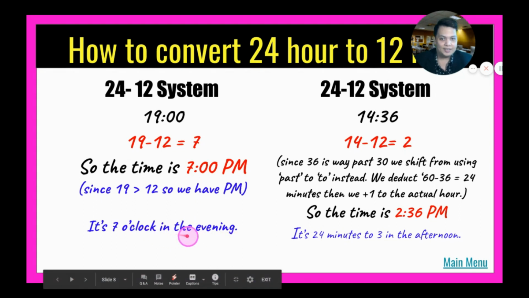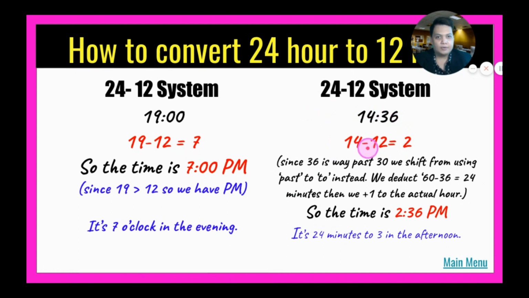We can say it like this as well. Now, we have here 1436 hours. So let's try. 14 minus 12 is 2. Since 36 is way past 30, remember what we talked about earlier? We shift from using past to to instead.